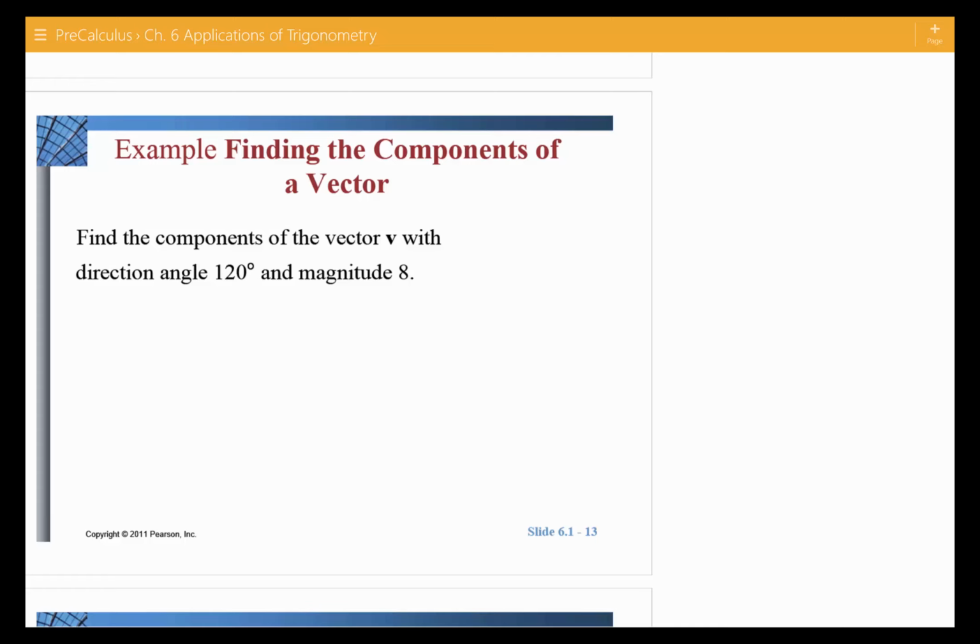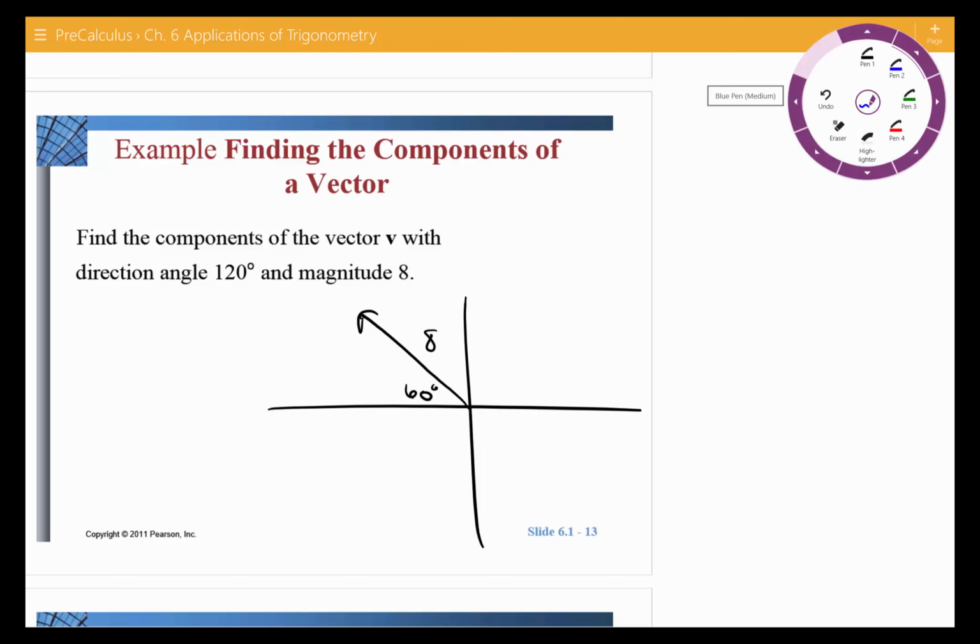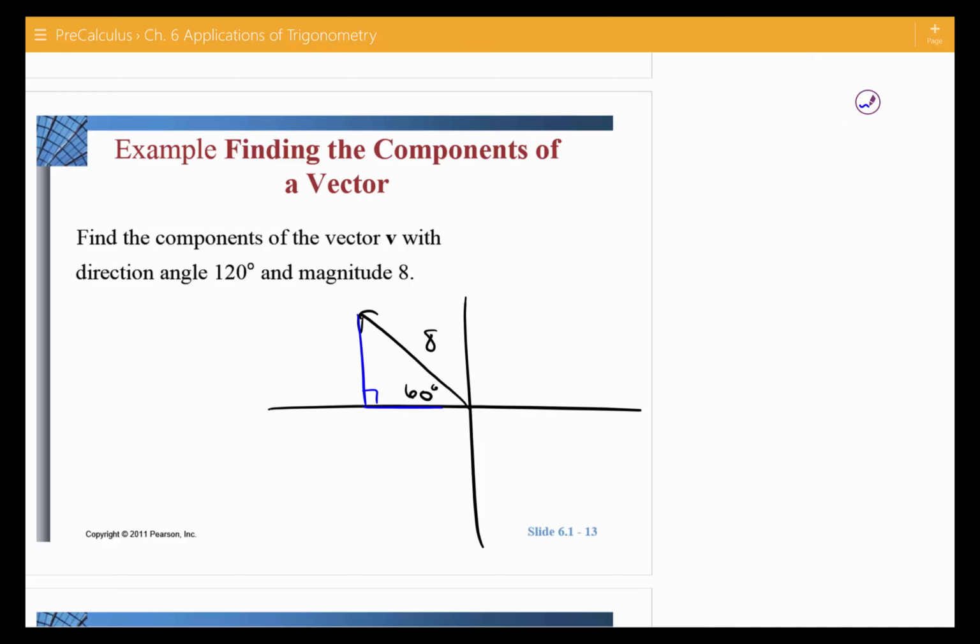Okay, let's try an example of finding components of a vector. If we have a direction angle of 120, 120 brings us over here, that's 60 degrees shy of 180, so I'm going to make a reference triangle right here. I'm going to draw this 60 degree line, and the magnitude's 8. To finish off my reference triangle, I'm looking at this triangle right here. It wants the components, so what it's looking for is x and y. Now this is on our unit circle, you might remember.